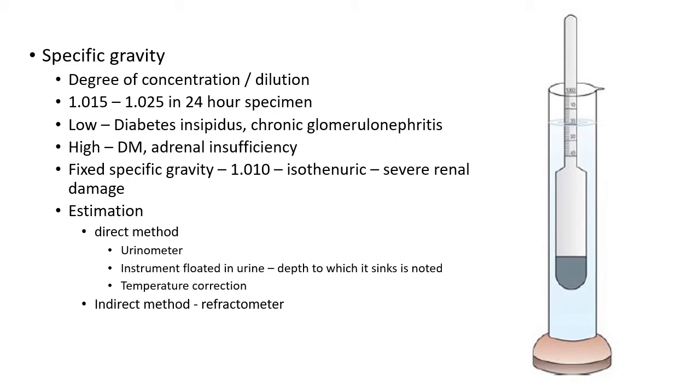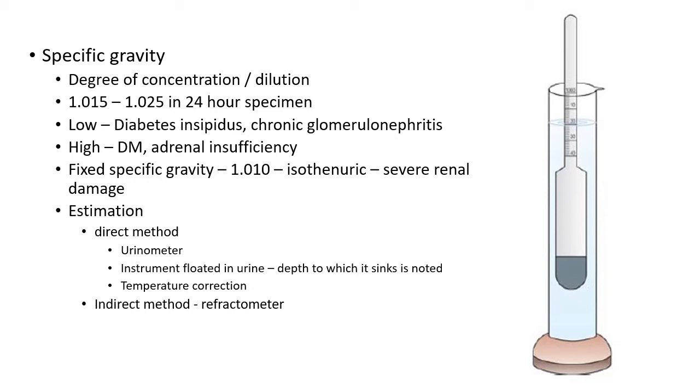The procedure involves floating this instrument in urine and noting the depth to which it sinks. But here you should note that urinometer is calibrated for a specific temperature which is indicated on each instrument, and if the test is done at a different temperature, then temperature correction should be done.